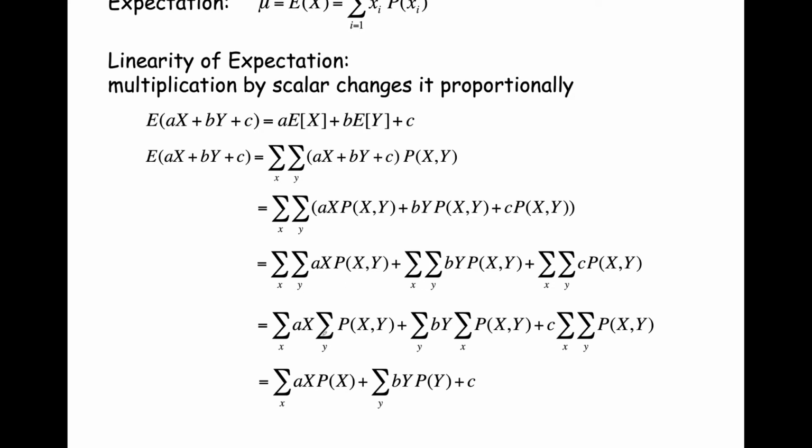Now I'm going to take advantage of that. But before I do that, I'm going to bring out this a because it is a constant underneath that summation with respect to y. But I also notice this x here. This x is a random variable, but when I look at this summation index, it does not vary the values of x.